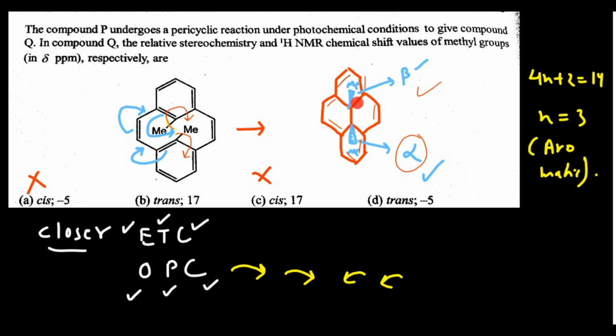When they are in the shielded region, they should have the very high chemical shift. That means very high chemical shift means upfield shift, which is actually the negative value, right? So in these two trans, option D is saying that it is having the -5 value. So you can mark this option D as the correct answer, right? So this is how you can solve the problem.